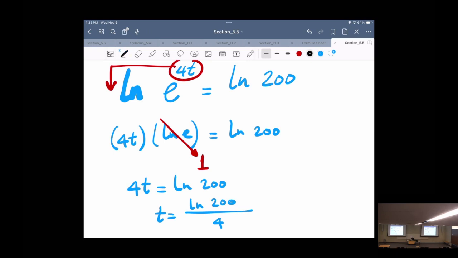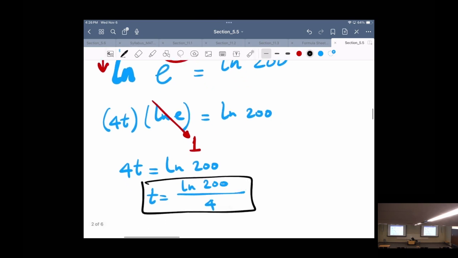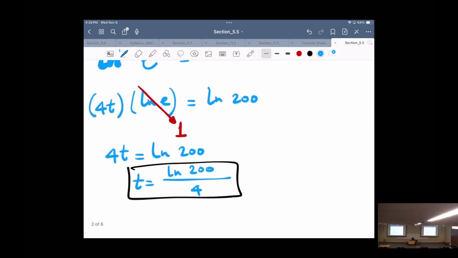You can leave your answer like this. This is just fine. This answer is in exact form. Or if the question on the assignments or on an exam says to round your answer to, let's say, 4 decimal places, you can calculate that and write this is equal to 1.3246.